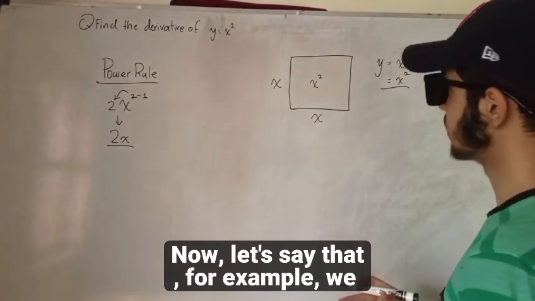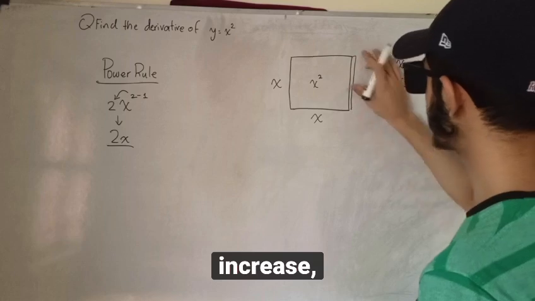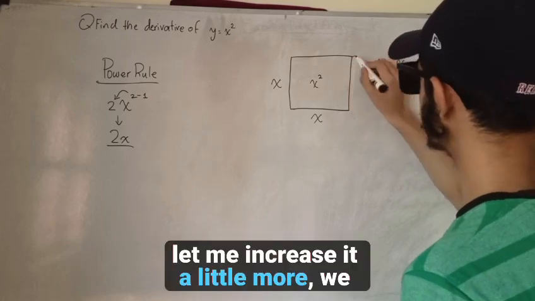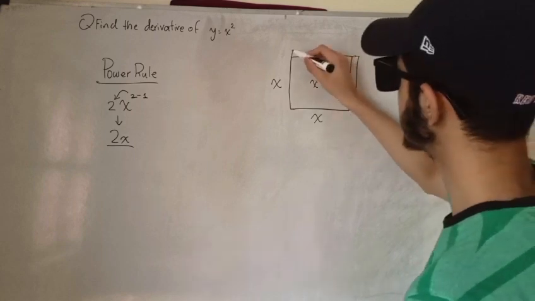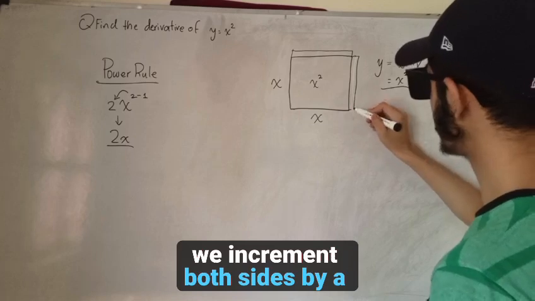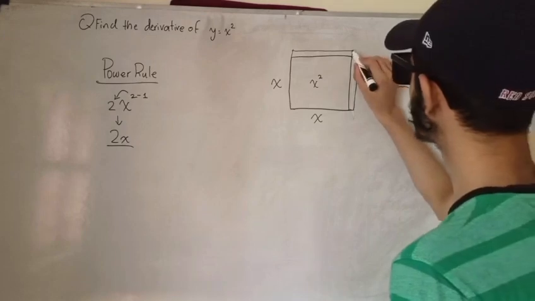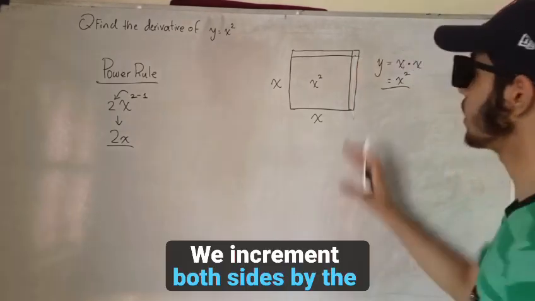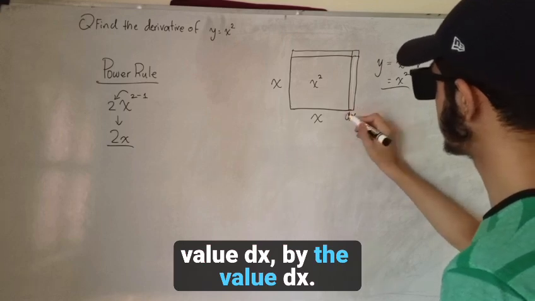Now, let's say that, for example, we increase both sides, we increment both sides by a certain value. We increment both sides by the value dx.